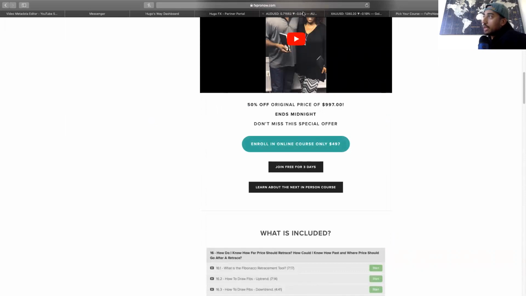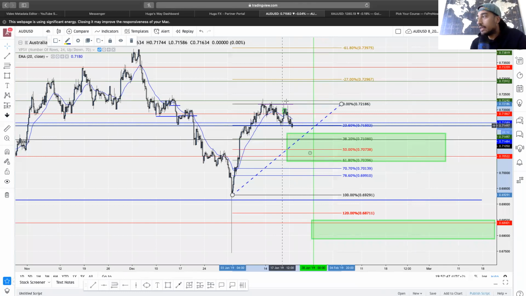Let's continue. What I see here is that I wouldn't be surprised if price goes ahead and, at the least, if this is shifting to the upside, because I don't know yet, I would think that price is at least going to get to 38.2.